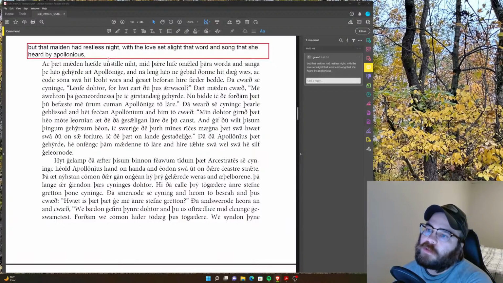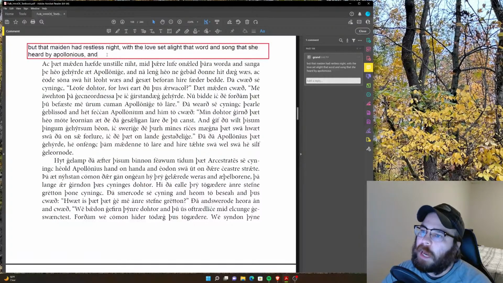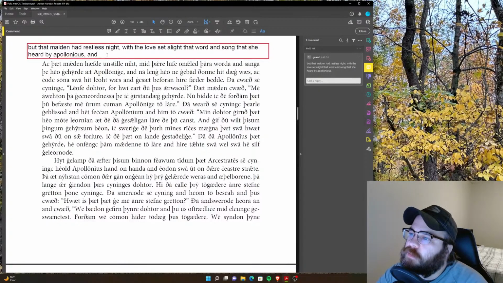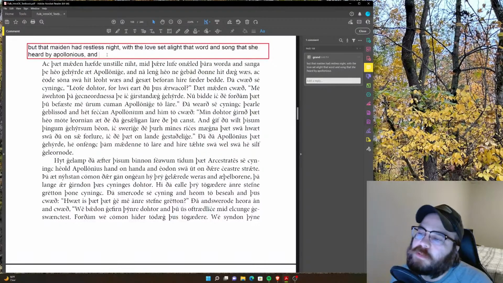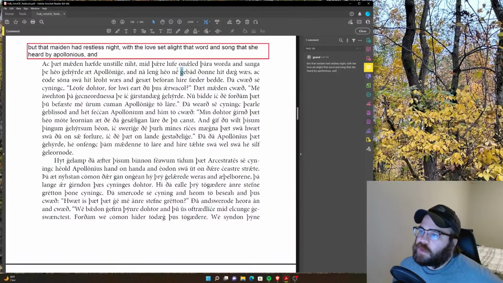So we're gonna continue on here with the most easy one that we've had so far, the most easy word, and. Now, these G's here with the little dots above them, these G's have become softened, but they're not softened in the way that we would soften G's in modern English. They are palatalized, so they make essentially the Y sound.